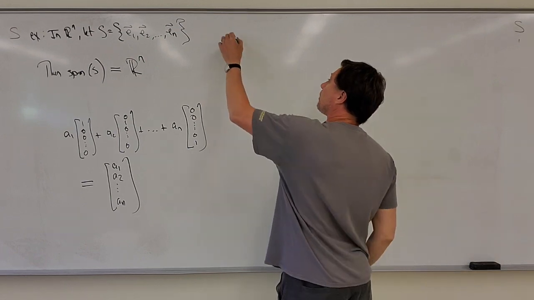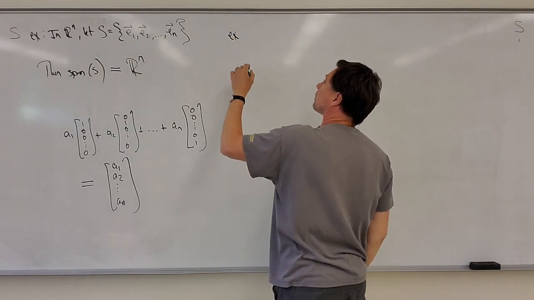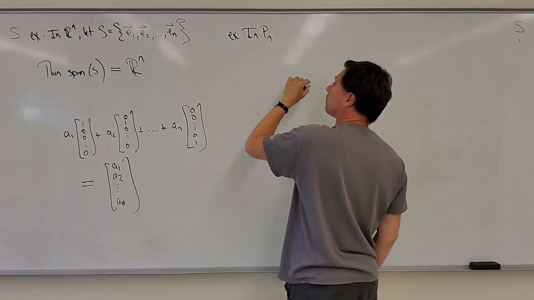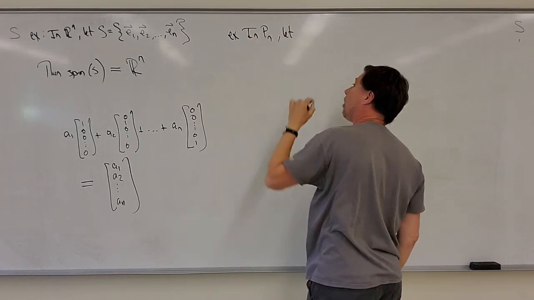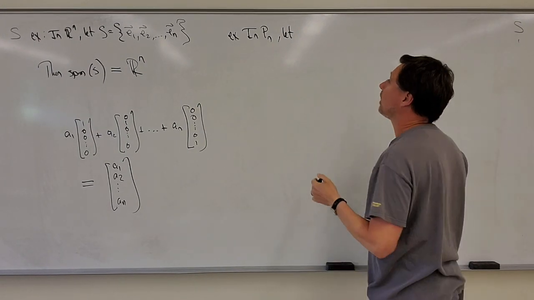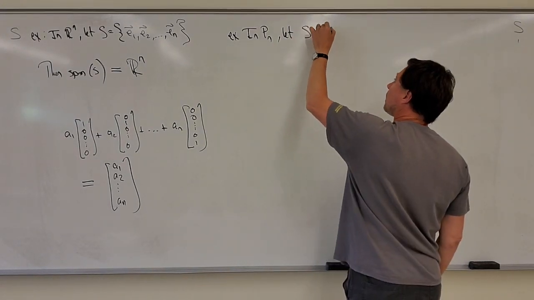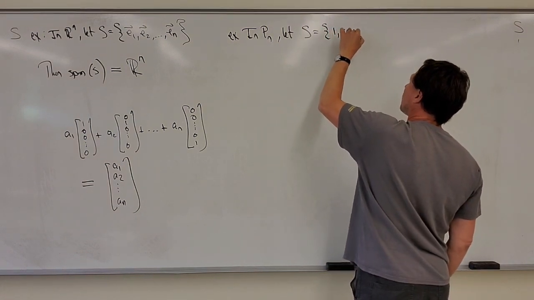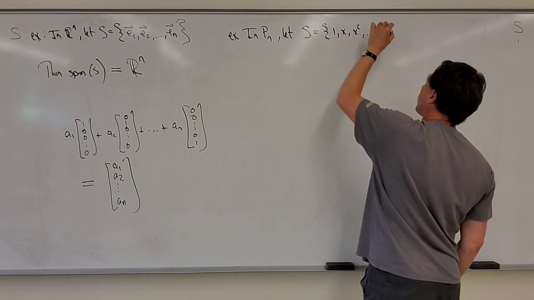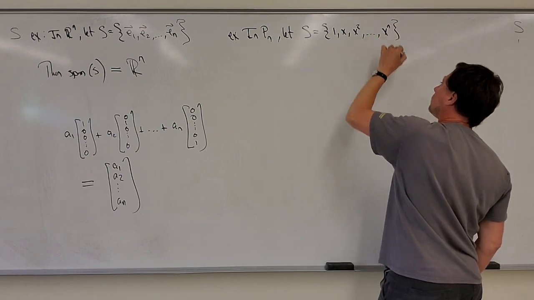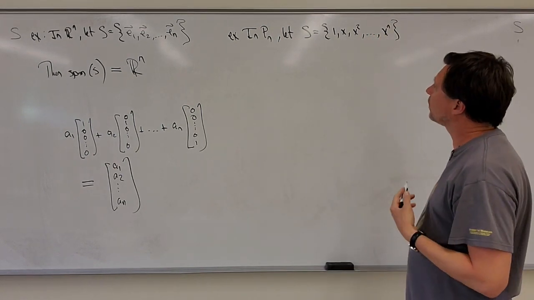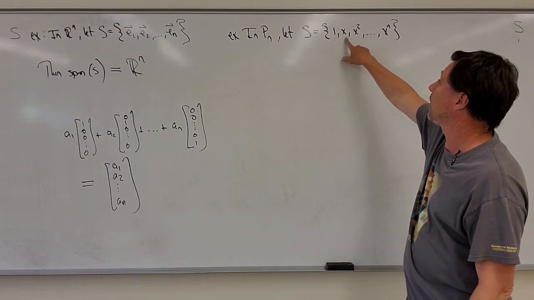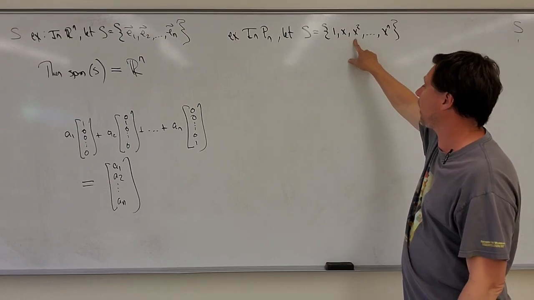As a second example, in P sub n, remember that's the set of all polynomials of degree less than or equal to n, let capital S be the following polynomials: 1, x, x squared, and I want to go all the way up to x to the n. If we look at the span of this set, I've got the constant polynomial 1, then the degree 1 polynomial x, x squared, and so on.